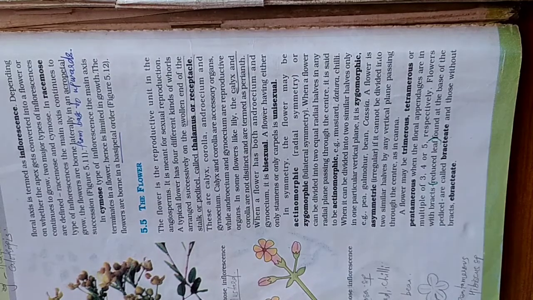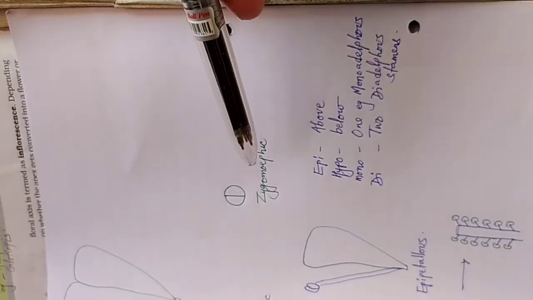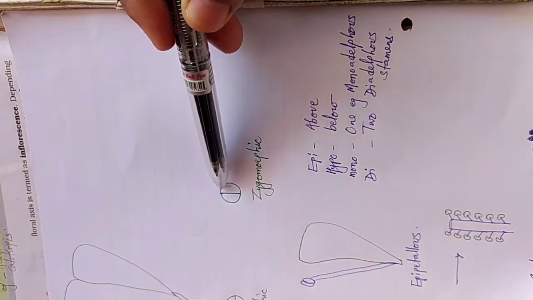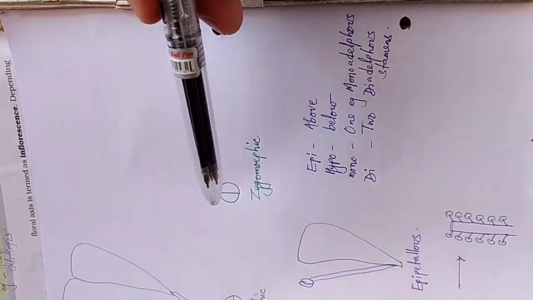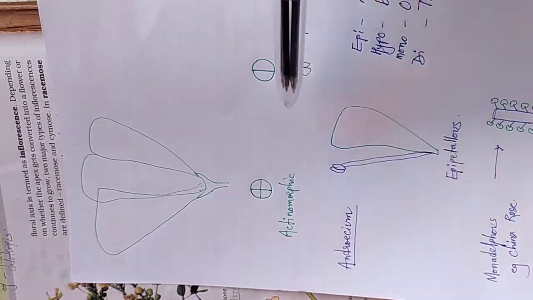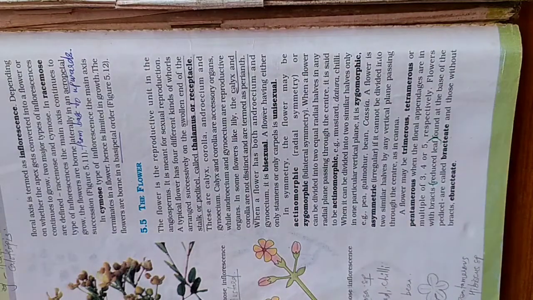We can cut them into 2 equal halves from only one plane. So the flower is zygomorphic, and we show this symbol. So flowers can be either actinomorphic or zygomorphic. I hope you are clear with this.